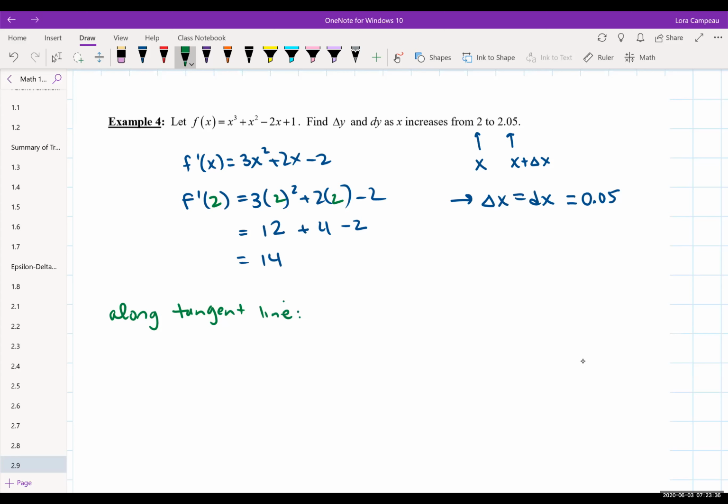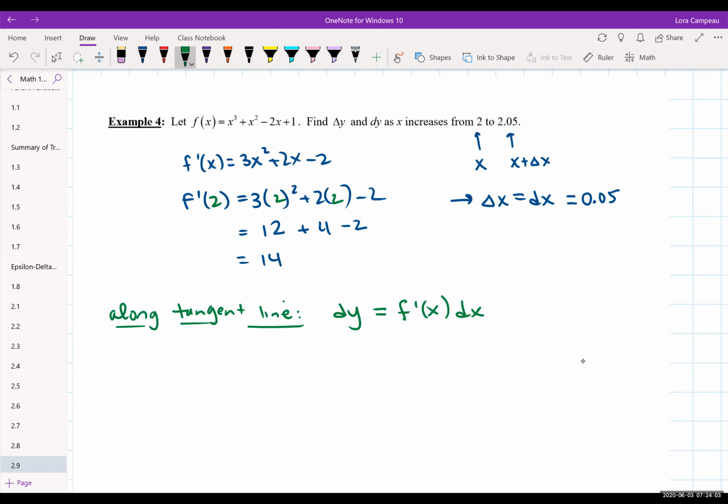I could take this in any order, but sometimes it's helpful to relate it to something we didn't just learn right away. So remember, along the tangent line, dy is defined as f prime of x dx, so we could calculate it based on what we know already.